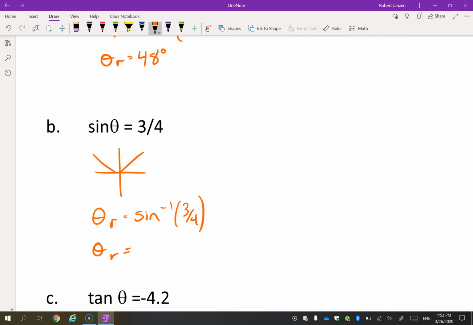It says 48.59. That rounds off to 49 degrees. So this is 49. This is 49. And so theta will be 49 degrees in quadrant 1 and 131 in quadrant 2. That's 180 take away 49.